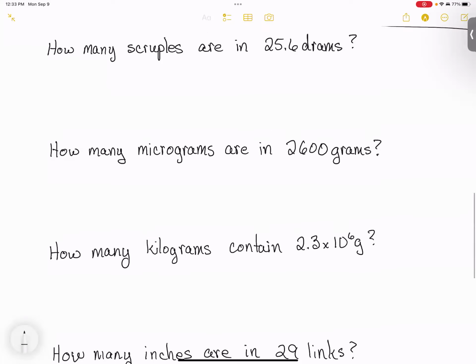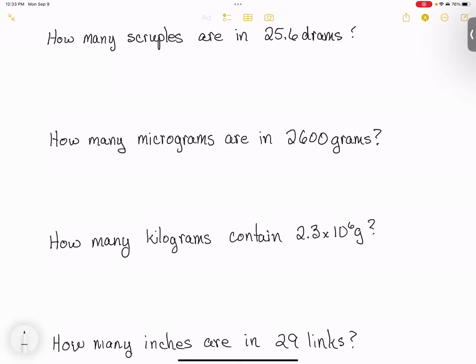Okay, so we would have 25.6 grams. I looked at my top table because scruple and dram don't have anything in common. 1 dram is 3 scruples.